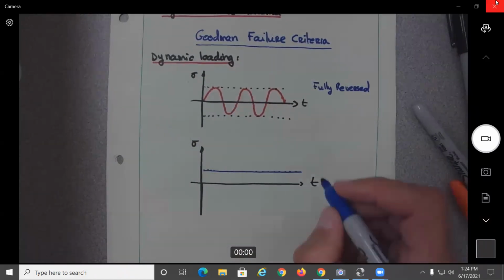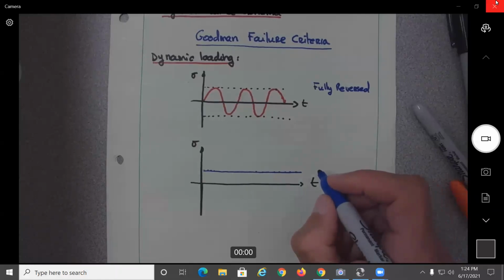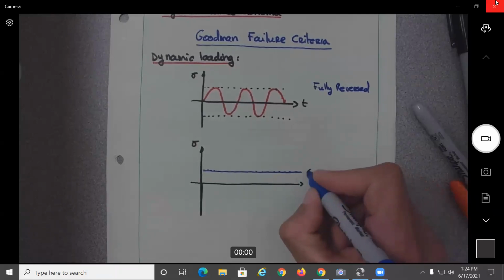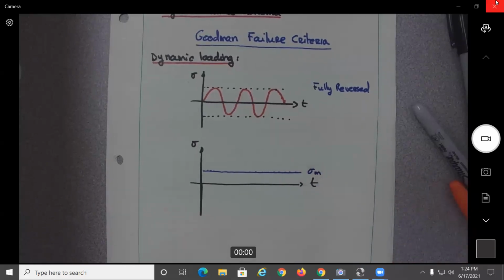So from here, this will be the mid-range stress. So sigma sub m, we give the names later on, okay?